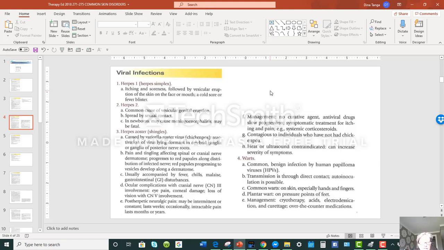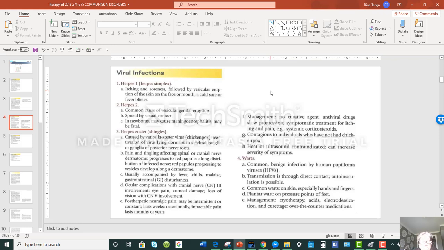Pain and tingling affecting spinal or cranial nerve dermatome, progresses to red papules along distribution of infected nerve, progressing to vesicles that develop along a dermatome, usually accompanied by fever, chills, malaise, and gastrointestinal disturbances.